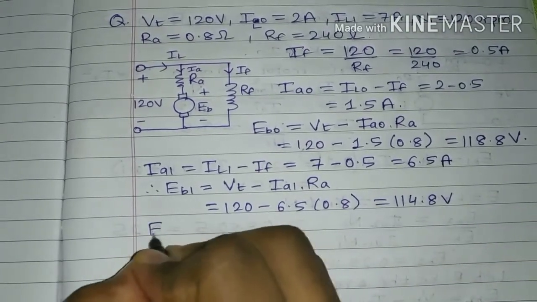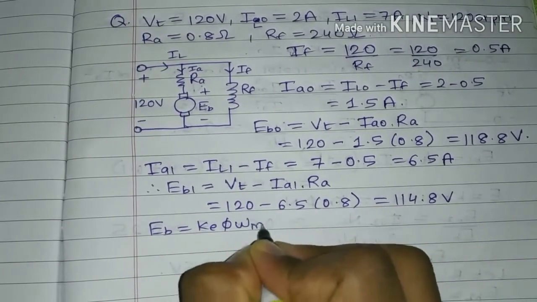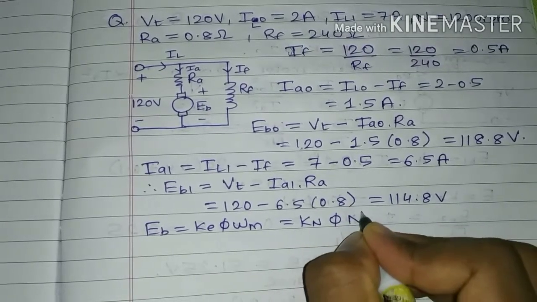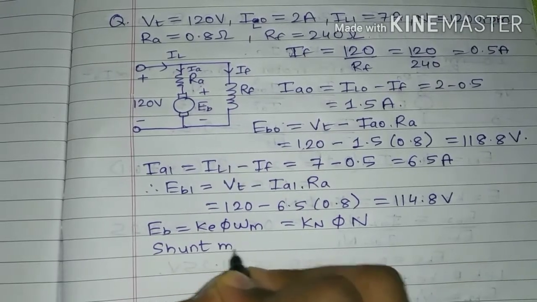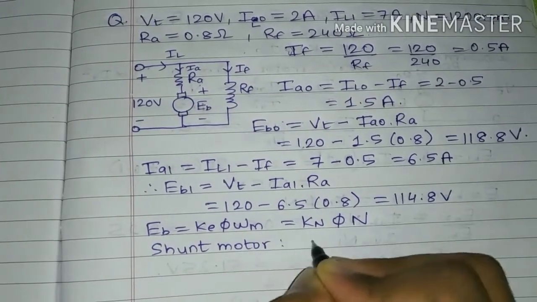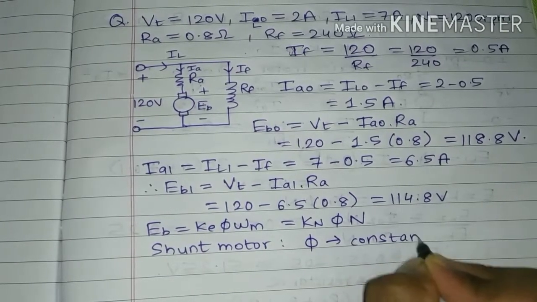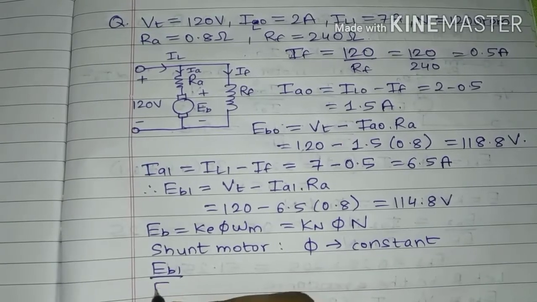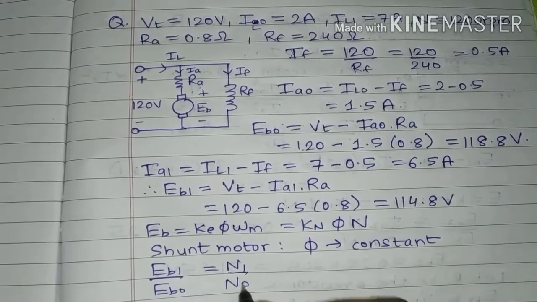We also know that EB is equal to Ke into phi into omega m, which is equal to Kn into phi into n, where n is the speed in RPM. Since it's a DC shunt motor, the field flux is constant. Hence the EMF is directly proportional to the speed. Therefore, EB1 upon EB0 is equal to N1 upon N0.